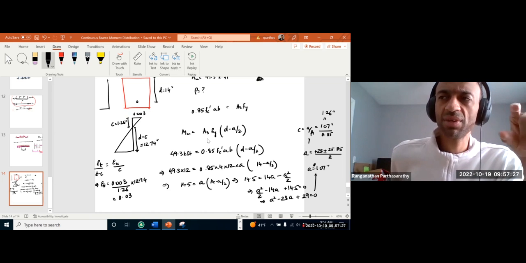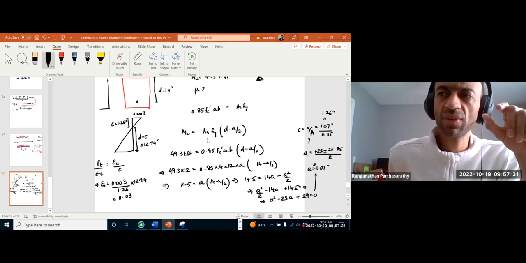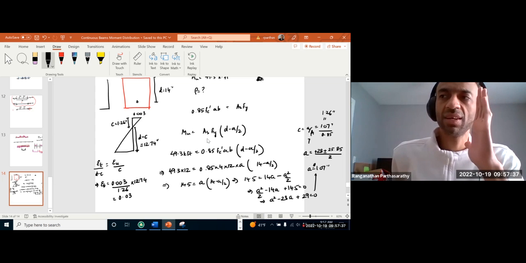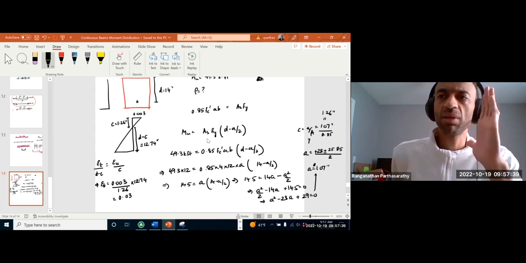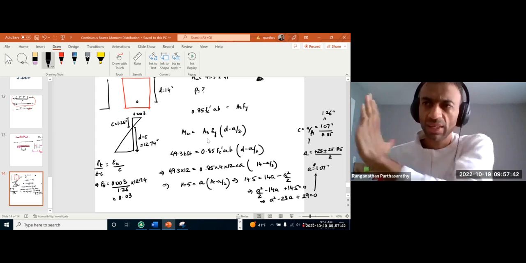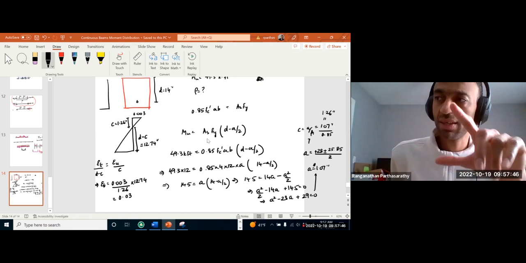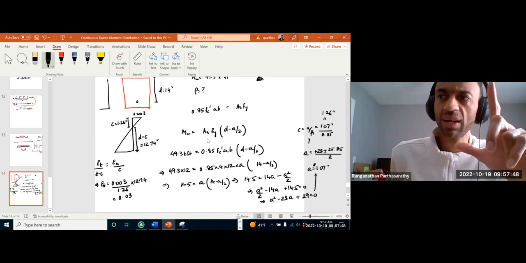But now there is a difference, because earlier the moment curvature diagrams that we were developing were checking for ductility at the level of a section. But here we are already doing the analysis at the level of a member. Now, the reduction in steel, yes, you are absolutely right.